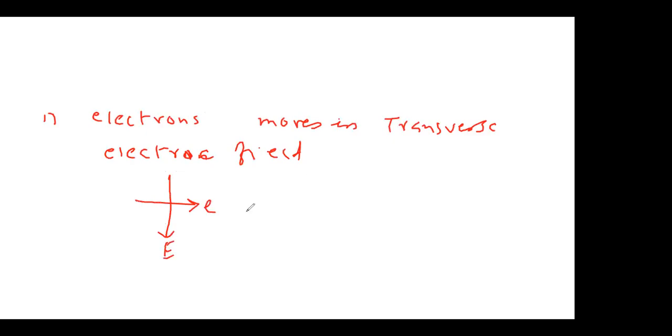Force acting on the electron is eE. This produces a circular path, that is centripetal force mv square upon r.